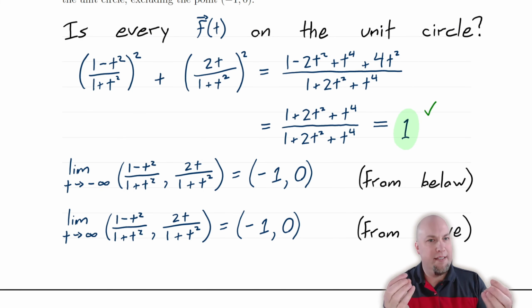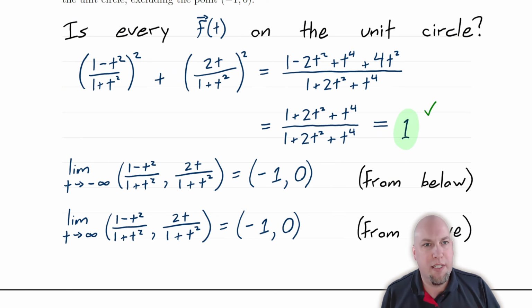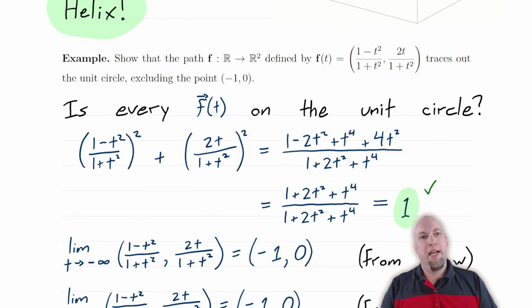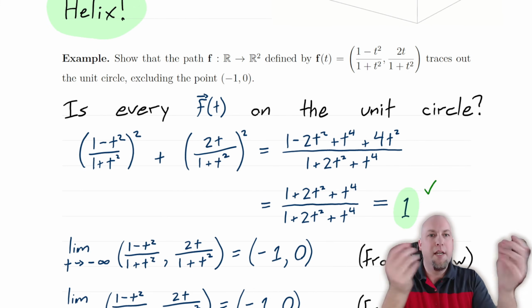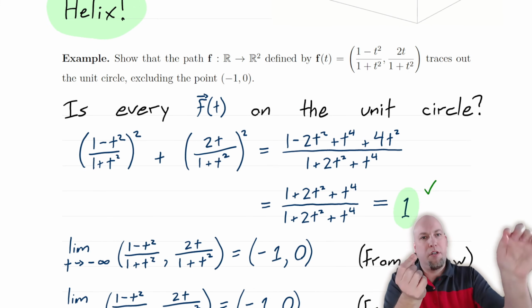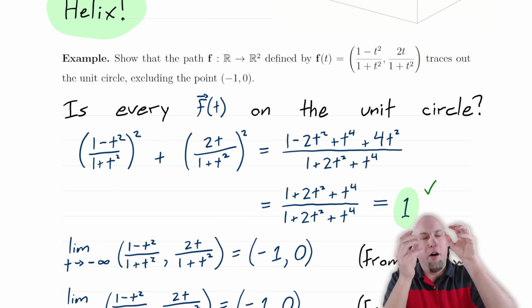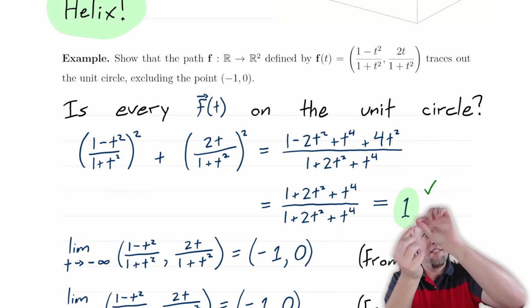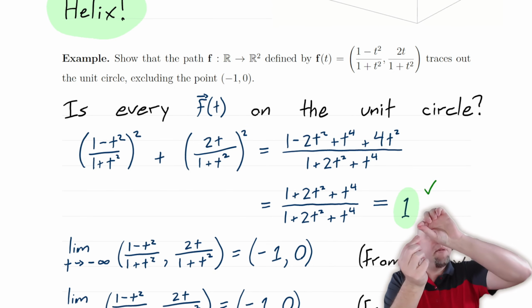Now, to stitch this all together, remember that paths by definition are continuous. You can also just check directly that this function f is continuous, since both of the entries are continuous. So when I trace out this curve, all of the points are on the circle. I've got to go from just below (-1, 0) to just above (-1, 0), and I've got to do it without lifting my pencil.